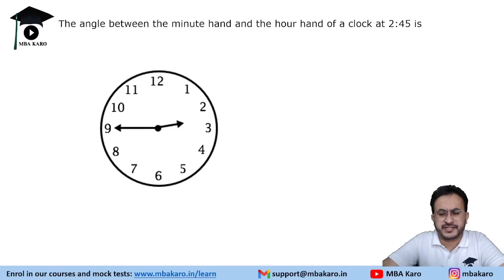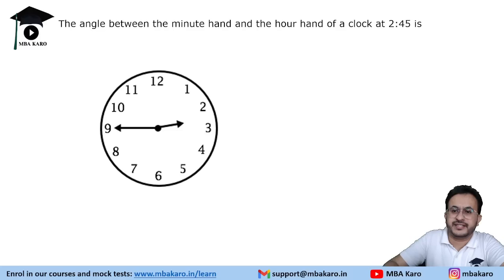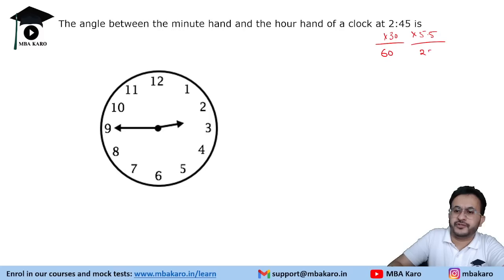Now, this is an interesting problem, and sometimes you might get these kinds of questions where students tend to make mistakes, or despite knowing the formula, they say that this answer is not matching with the answer given in the question. So let's see this. When you calculate it, this is 60, and 45 into 5.5: 45 into 5 is 225, and 0.5 will be 22.5.